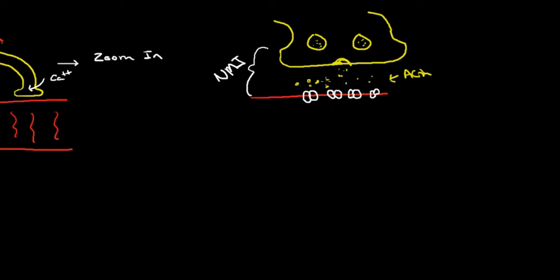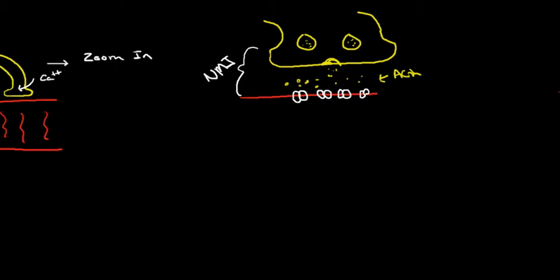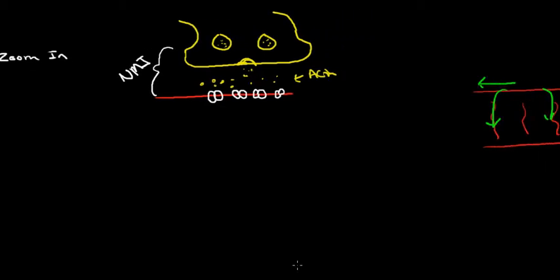Those little dots of yellow represent acetylcholine crossing the synaptic cleft and then binding to these receptors. Those receptors are nicotinic acetylcholine receptors, also called cholinergic receptors. When acetylcholine binds to those receptors, they open up and allow the cation sodium to influx into the skeletal muscle fiber. What that does is create a graded potential.